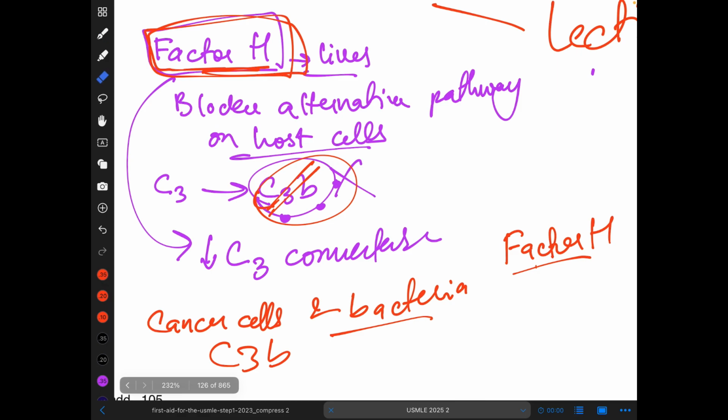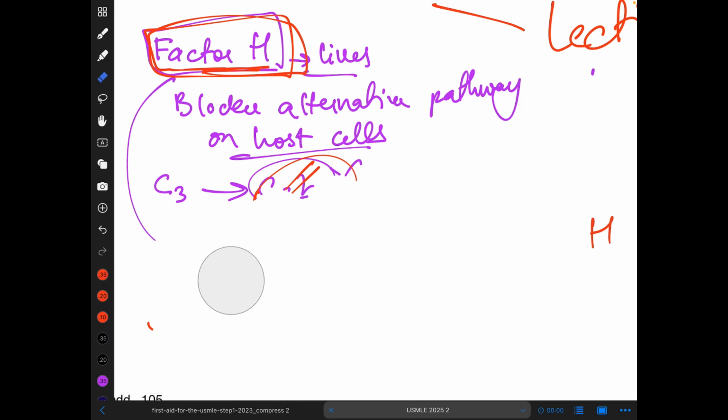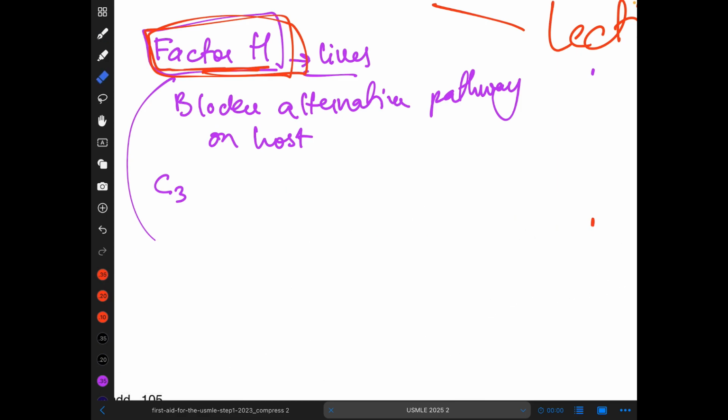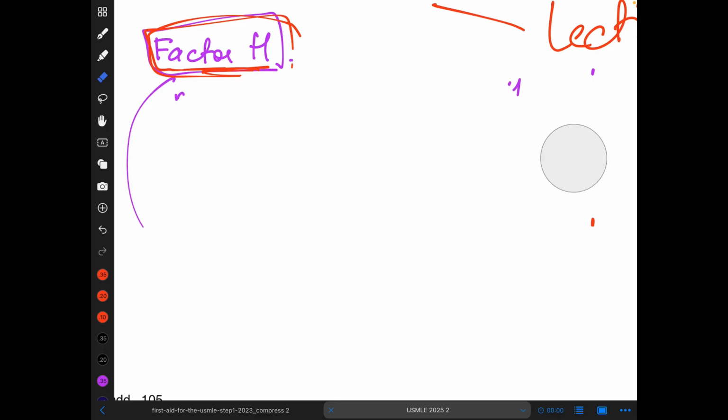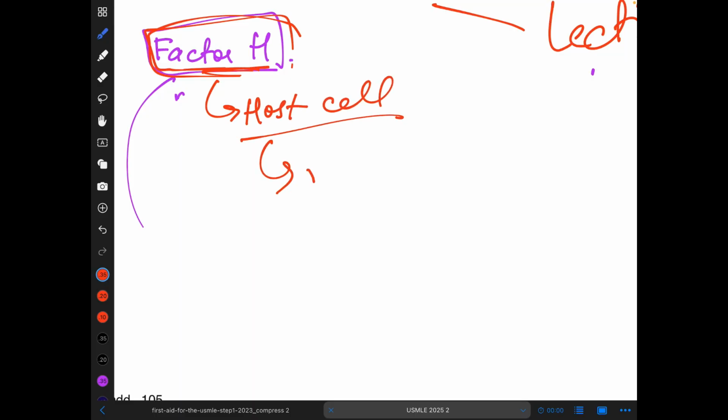What is the complement system doing? It is destroying bacteria and neoplastic cells. For protection, they are also using the factor H that the host cells use to protect themselves. The same mechanism is used by cancer cells and bacteria to protect themselves from C3b and allow evasion of the alternative pathway.